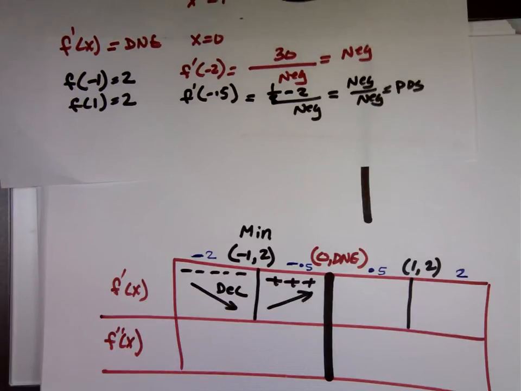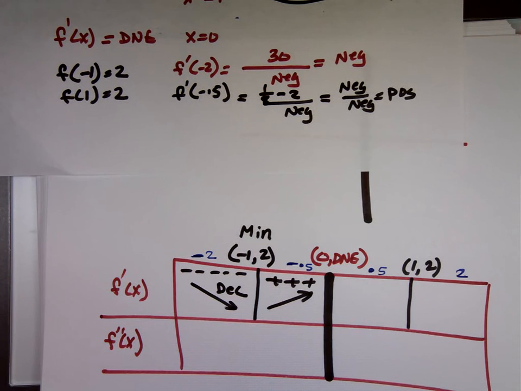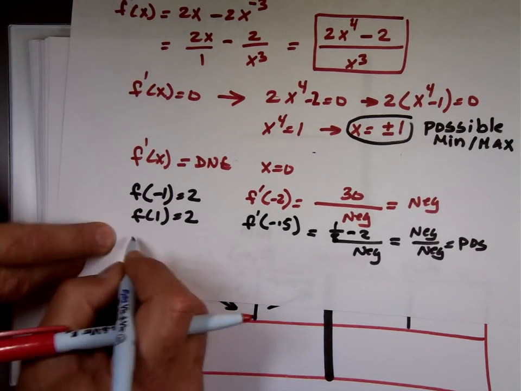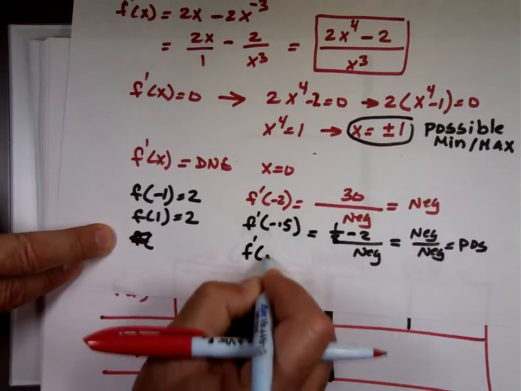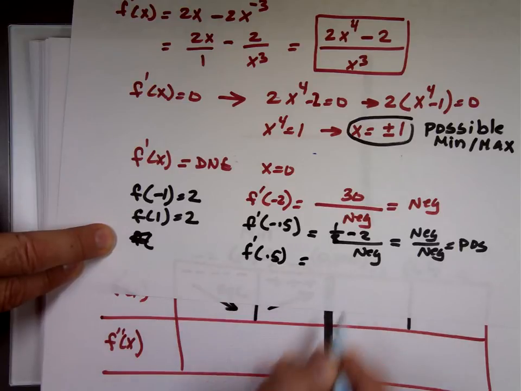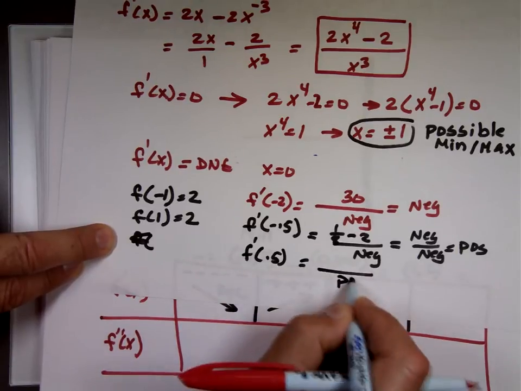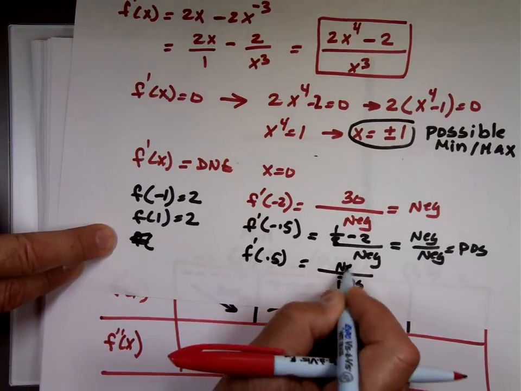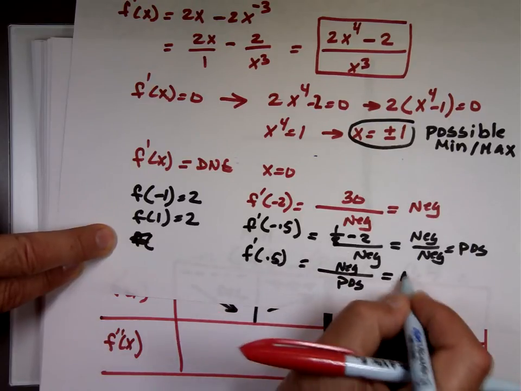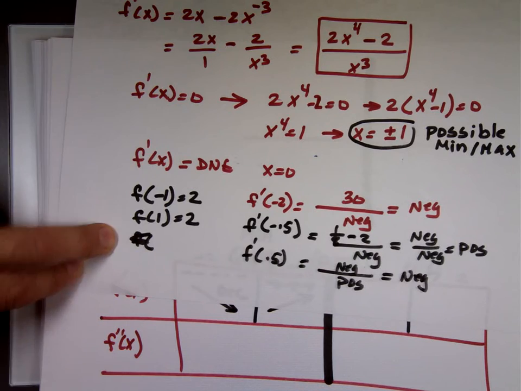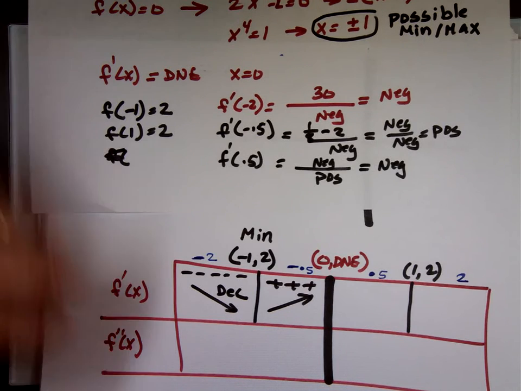Was decreasing, then increasing. Let's take the 0.5. f prime of 0.5. The bottom is positive. The top is negative. It's the same numbers here. Negative over positive, negative. What does that mean? Decreasing.